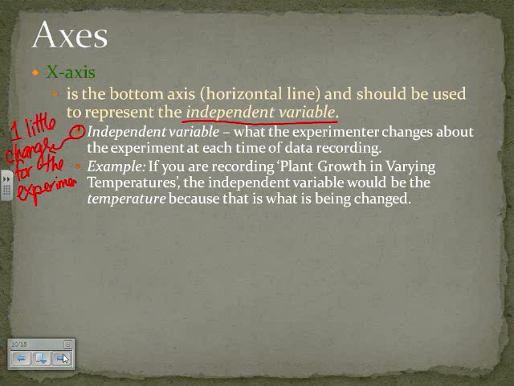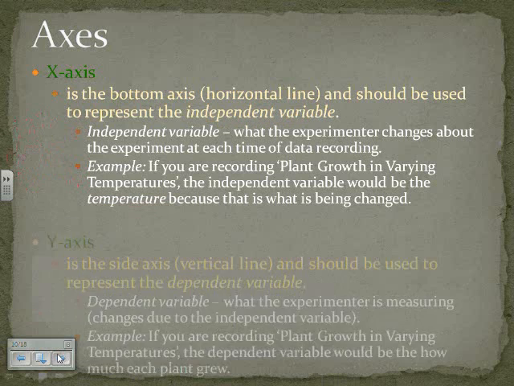That one little tweak that you're making to one group to make it different. So if you're recording the plant growth in varying temperatures, the one little tweak that you're going to make is temperature. You're not going to change the plants. You're not going to change their growth. You can't do anything about it. You're going to tweak the temperature, and as a result, you're hoping that the growth will change.